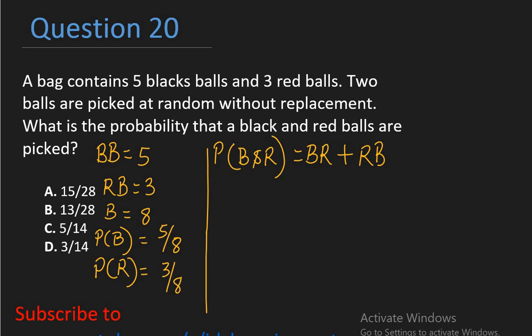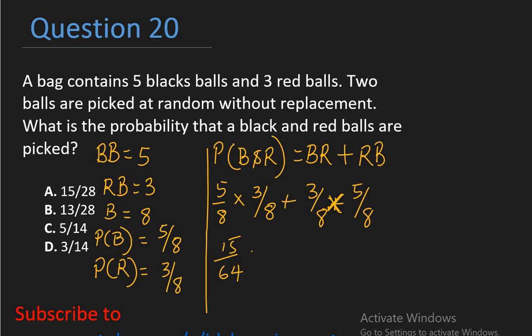So the probability of black is 5/8 times the probability of red, which is 3/8, plus the probability of red, which is 3/8, times the probability of black, which is 5/8. So this will give me 15/64 plus 15/64.